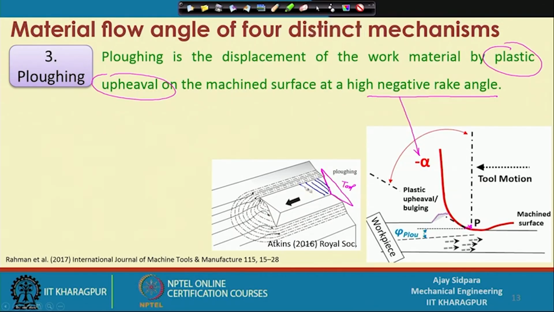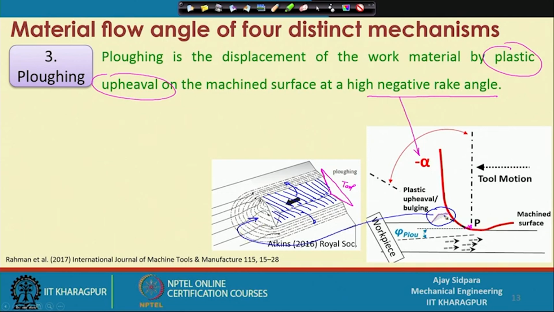So, this is the material which is displaced from this particular location, but it has not come out as a chip. So, where is this material going? Some of it will be displaced on both the sides and some of it will create this type of bulging. So, this is the bulging of this particular part.